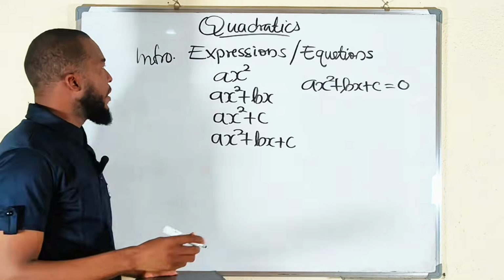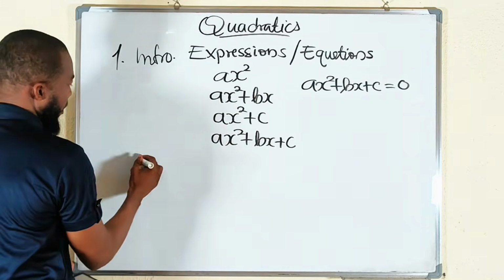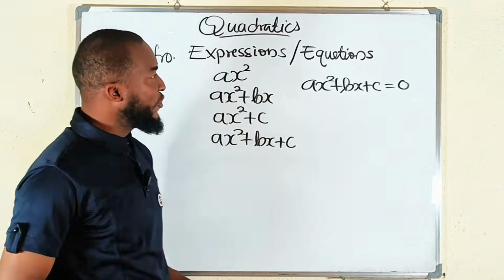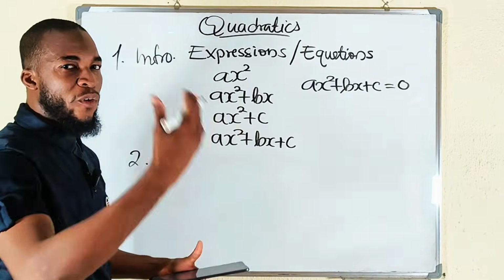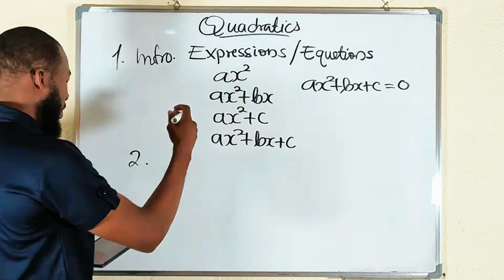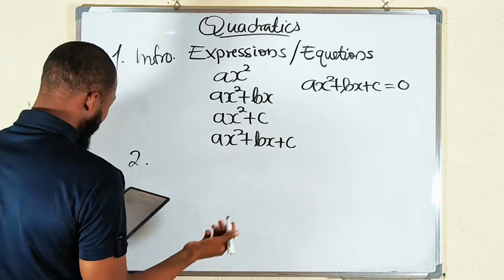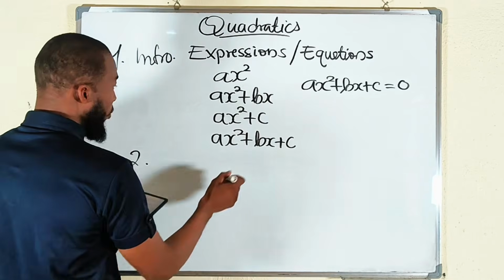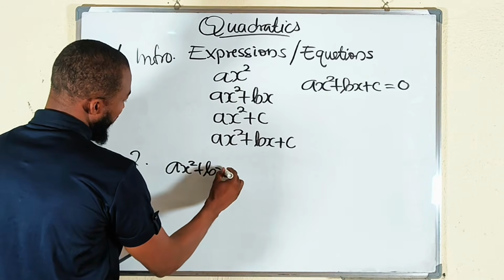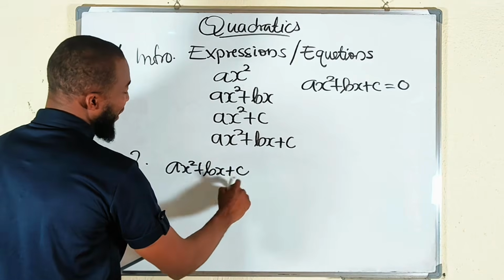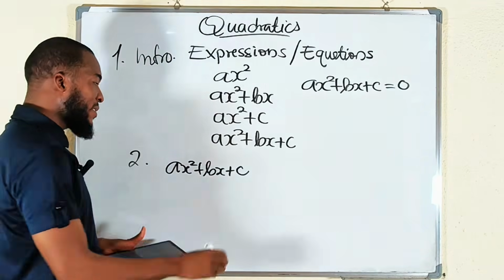Intro, number one. Then number two, it's very important for your students to know the different forms of quadratic equations or quadratic expressions. You could have the form ax squared plus bx plus c. This is the standard form.